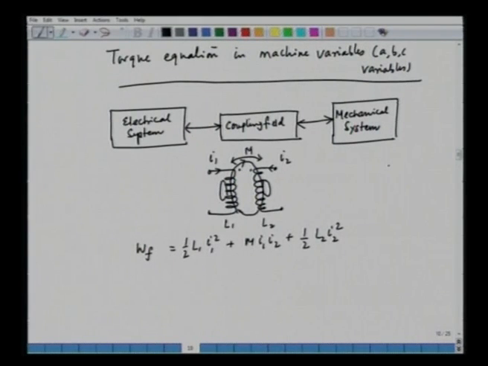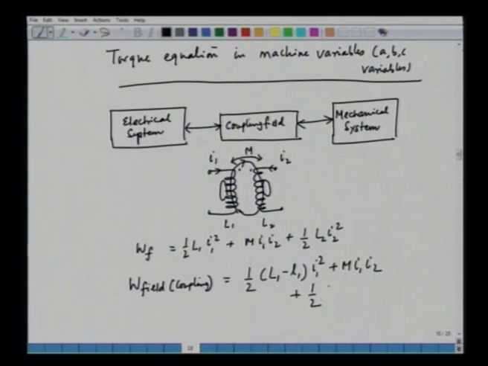So if I want to find the coupling field, it will be half of L1 minus small l1, where small l1 is the leakage inductance, into I1 square, plus the mutual inductance M I1 I2, plus half of L2 minus small l2 into I2 square.